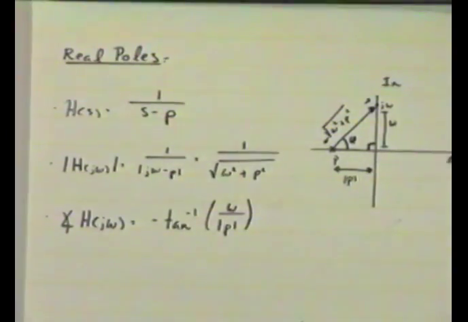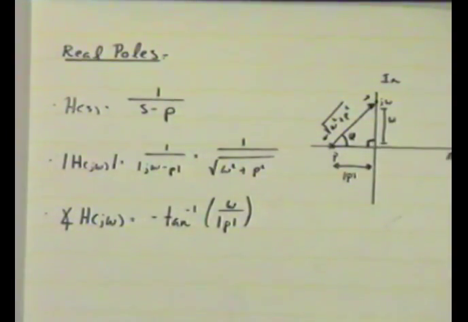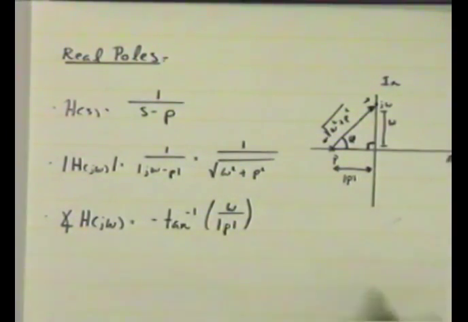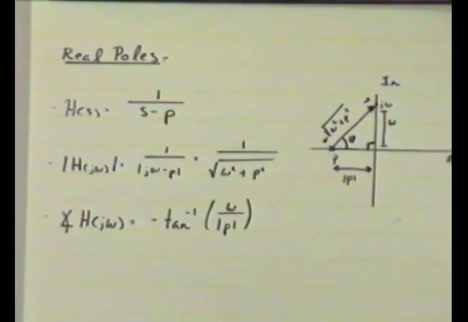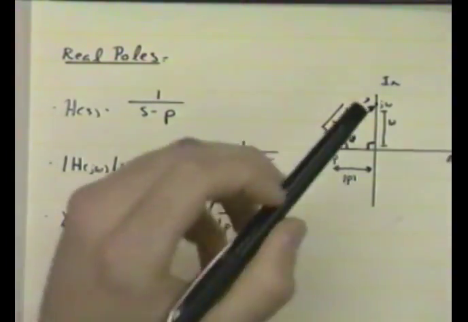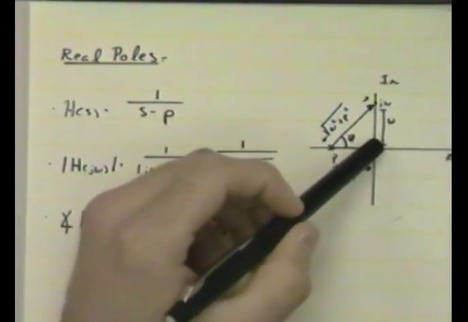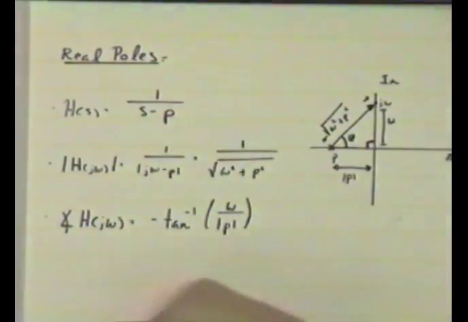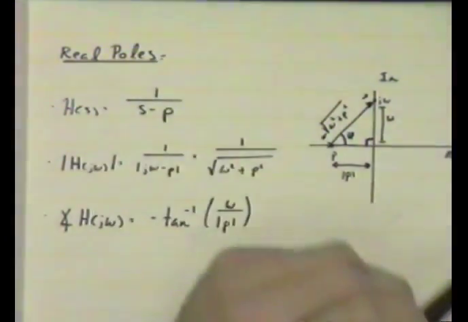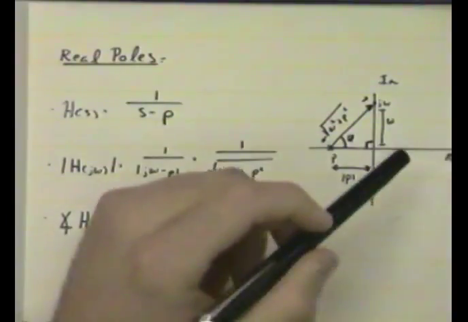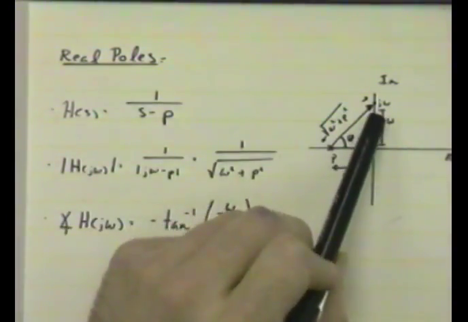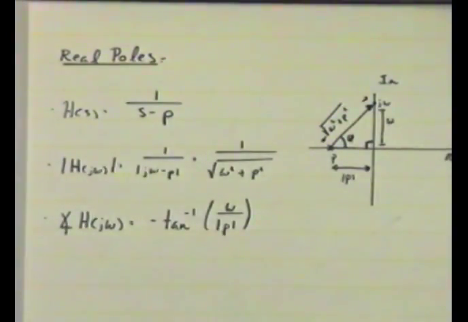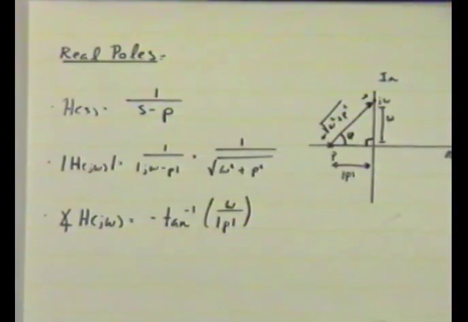So what we have to do now is play some games, make a simple approximation for what the magnitude and phase dependence look like. The obvious thing to do is to look at the magnitude and phase at low frequency, and also afterwards consider the limit of very, very high frequency. And also consider, as we'll see, a very special frequency, which is omega equal to absolute p.